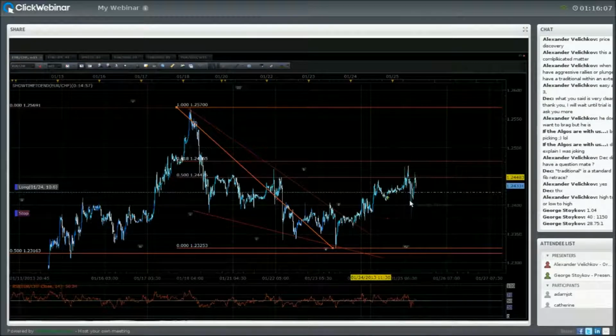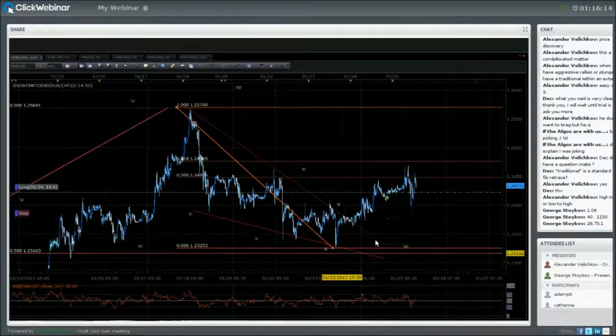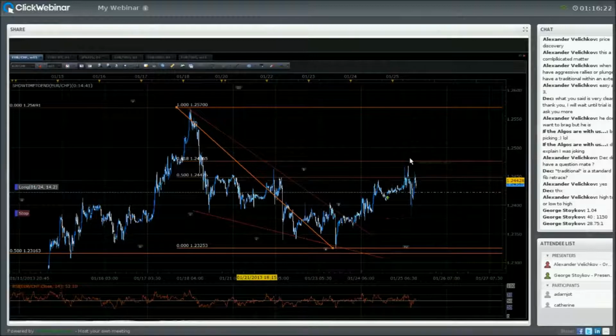That means that technically speaking, because this is not a validated level of support, we need to validate this level of support. This is not all the way halfway back long, which is a valid entry of support, at the 1.29s. So we need to validate this by breaking the 61.8 line.